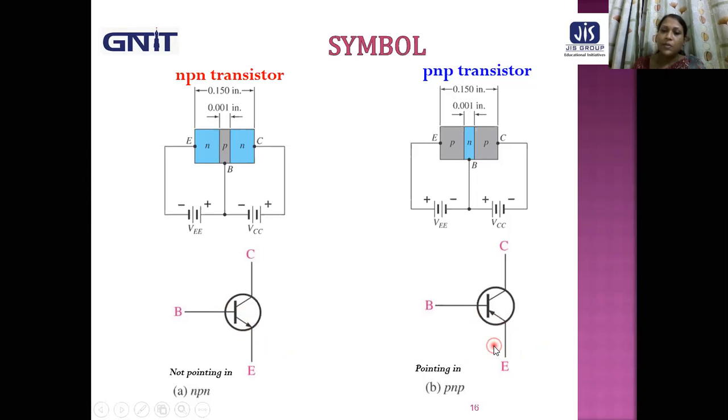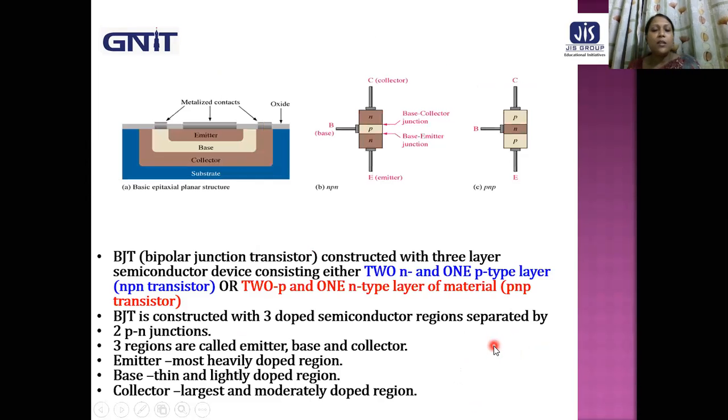So this is the two-dimensional view: this is the normal substrate, either N-type or P-type. Then the collector region is diffused. After that, the base region is diffused. Then lastly, the emitter region is diffused.